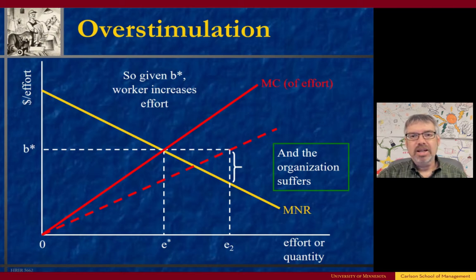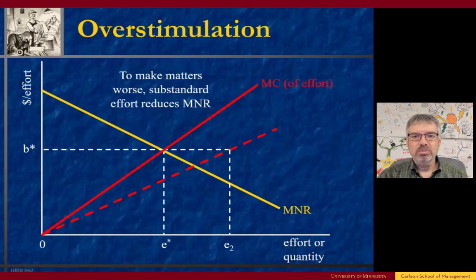That effort is lousy, there's lots of mistakes, somebody might have to go back in and rework it, or if you're selling something to another organization, there's going to be more returns or bad reputation, right? So there's going to be additional costs to the organization in the form of lower marginal net revenue. So this problem can actually be worse because the substandard effort might reduce marginal net revenue.